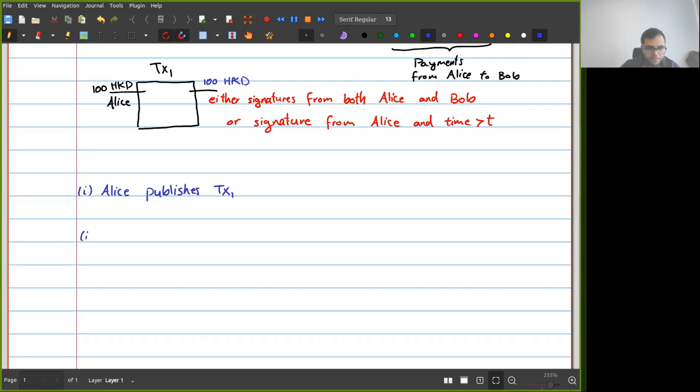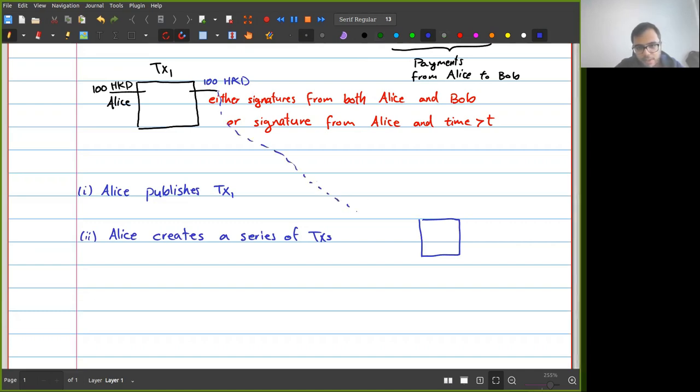And this was the idea. Alice creates a series of transactions. We said that in the first minute, she creates a transaction that uses the 100 Hong Kong dollars that were here, so this output, as its input.